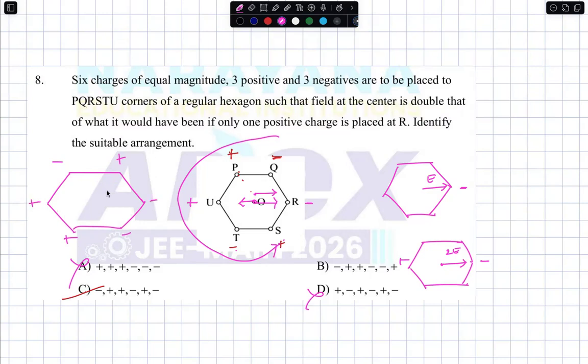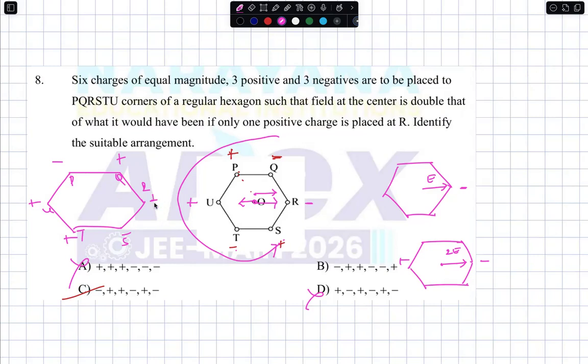Minus plus. Now you tell me, minus plus minus minus. If it is order PQ or STU, minus plus minus minus plus plus. So that is what I am thinking about.